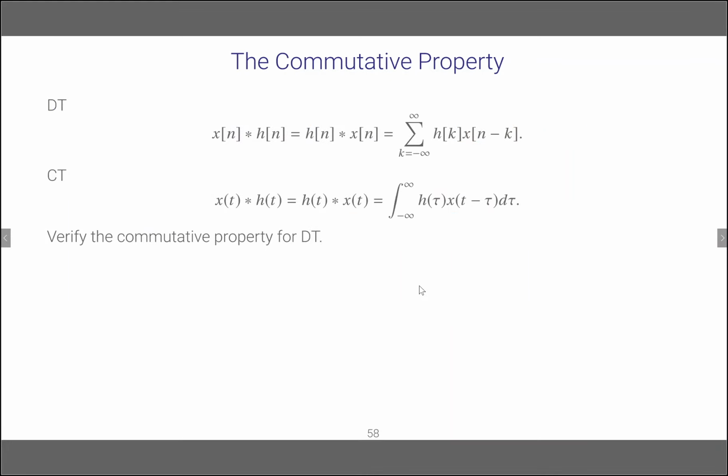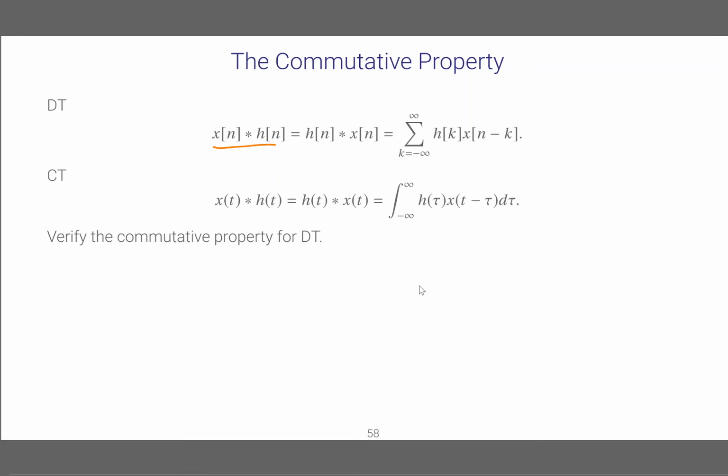Okay, first look at the commutative property. If you take the convolution in discrete time, the convolution sum, x[n] convolved with h[n] is equal to h[n] convolved with x[n]. So we know that 4 times 5 is equal to 5 times 4. So this is the commutative property for integers.